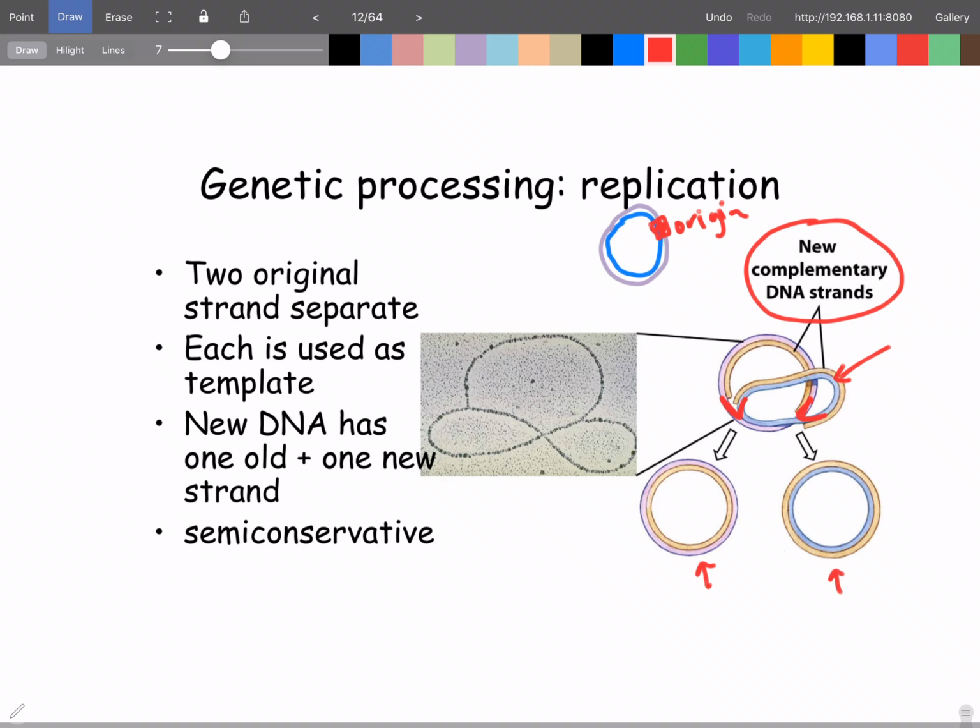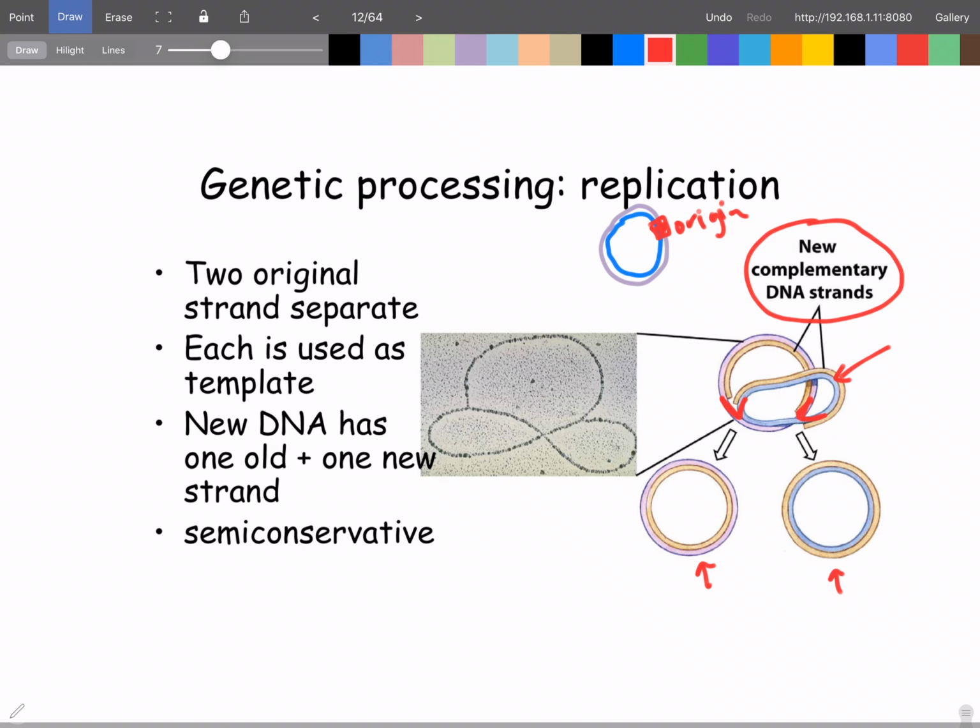And then we have the blue strand served as a template for a daughter strand in beige. And so these would end up in new cells. And so that new cell would contain some old DNA and newly synthesized DNA.